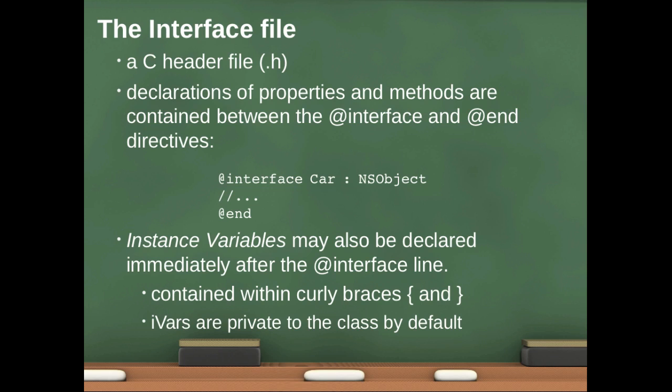And everything in between there is either a property or a method declaration. We can also declare instance variables right after the interface line in a pair of curly braces. And ivars, by default, are private to the class, meaning that only an object of that class can get to those ivars. And that's a good thing, as we'll talk about later in the course.